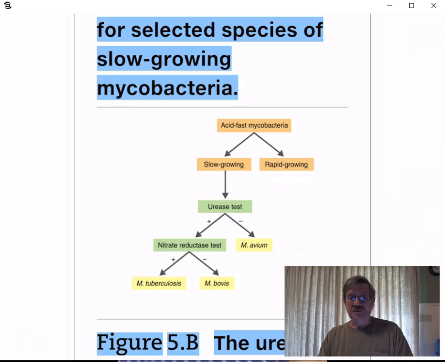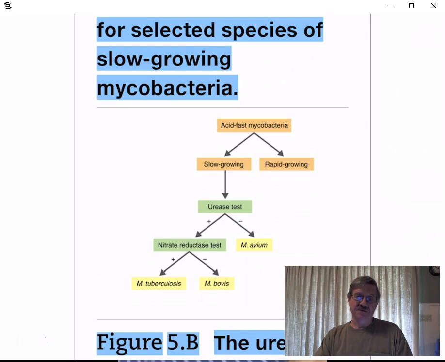Okay, so to be able to separate that from other mycobacteria, notice up there at the top you have the acid-fast test. Well, some of these acid-fast mycobacteria are going to be slow-growing mycobacteria. Some are going to be rapid-growing, and we separate them out that way.